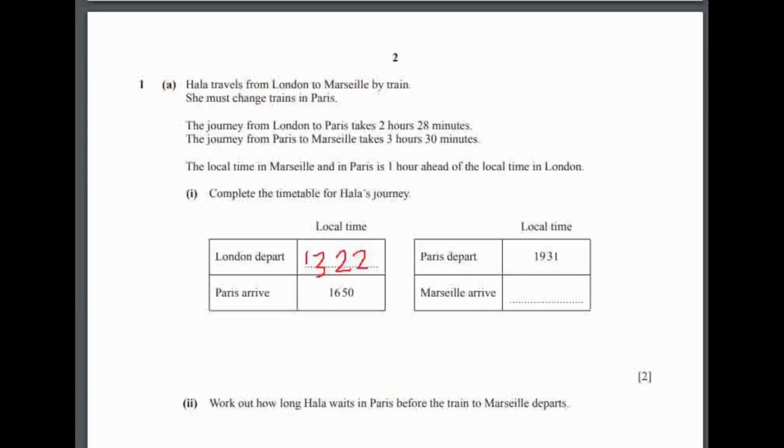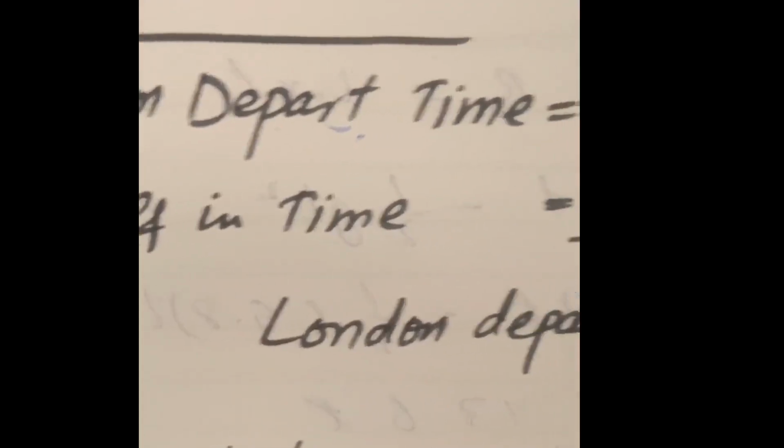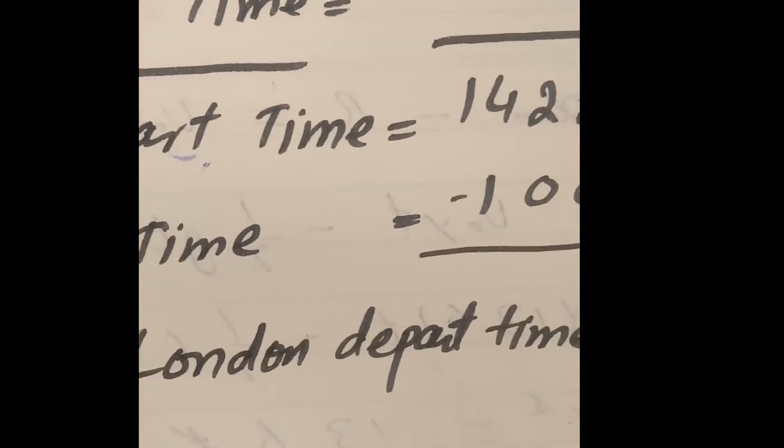Next, we have to find the Marseille arrival time. The Paris departure time is given as 1931, whereas the travel time from Paris to Marseille is 3 hours 30 minutes.